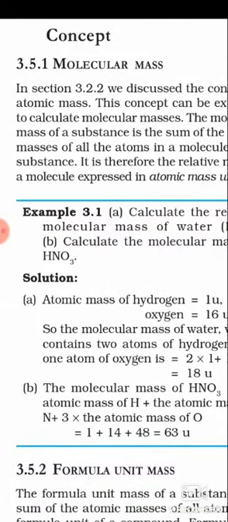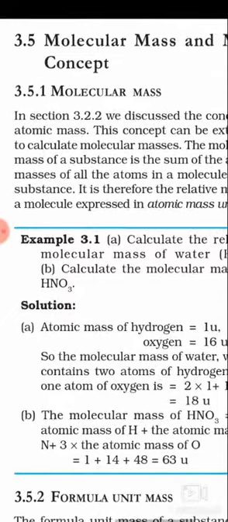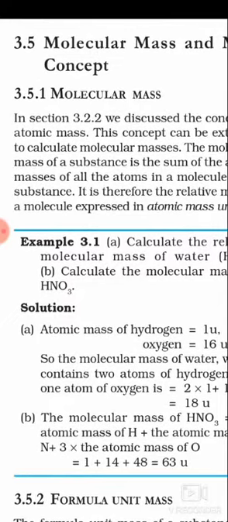I think you know what atomic mass is. Atomic mass is the sum of the numbers present in the nucleus: number of protons plus number of neutrons.